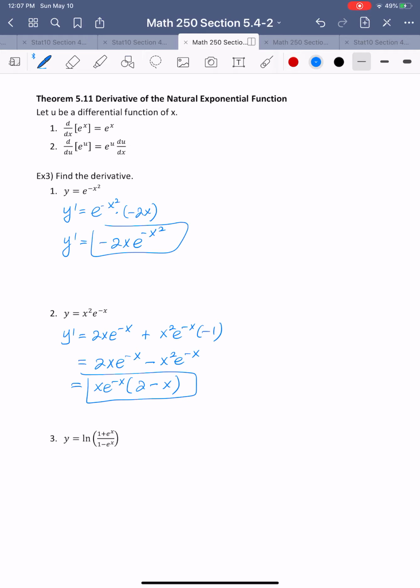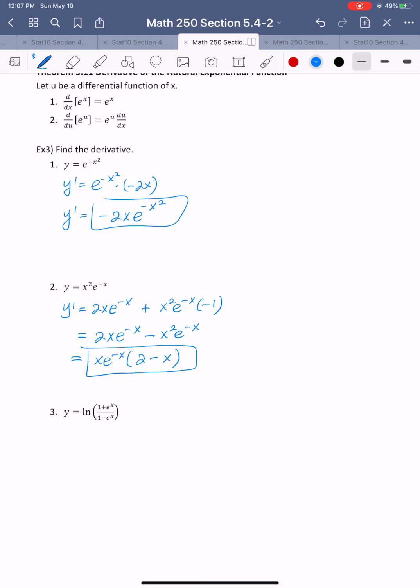For number 3, I want to use y equal to ln of 1 plus e to the x minus ln of 1 minus e to the x. Okay, and then y prime is going to be u prime over u. So e to the x over 1 plus e to the x minus negative e to the x over 1 minus e to the x.